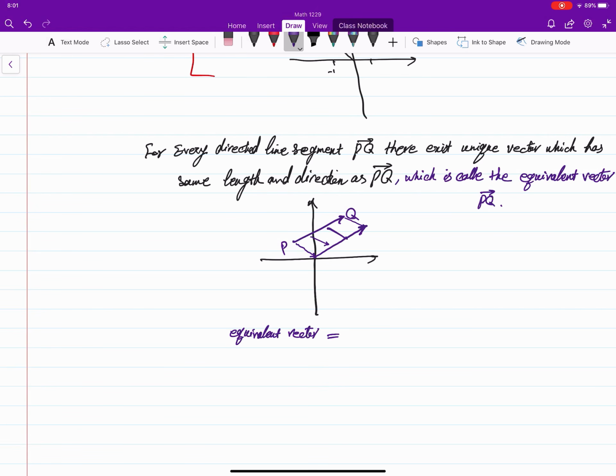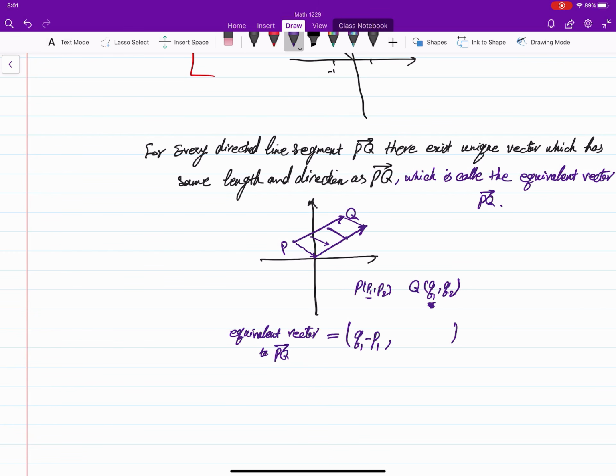If your P is P1, P2, and your Q is Q1, Q2, then the equivalent vector to PQ is, here is what you do. First component: the first coordinate of the end point, Q1, minus the first coordinate of the starting point.